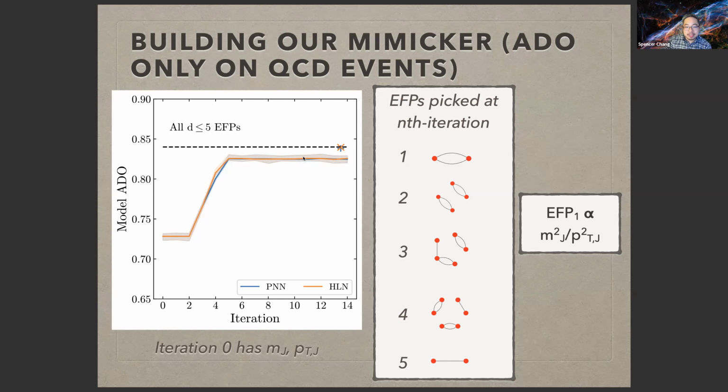What we think is that we've saturated the performance here, that there's no better performance than that. We didn't do as well as the Fawcett analysis. We only got to an ADO of about 0.83, but that doesn't stop us from seeing if this is effective as an anomaly detector. We'll do that in just a second.